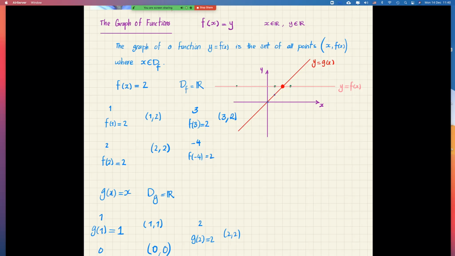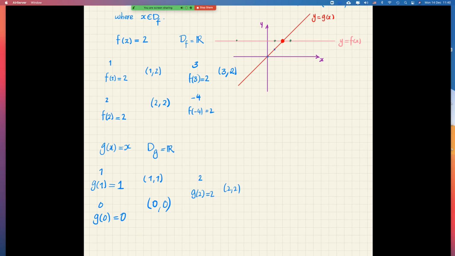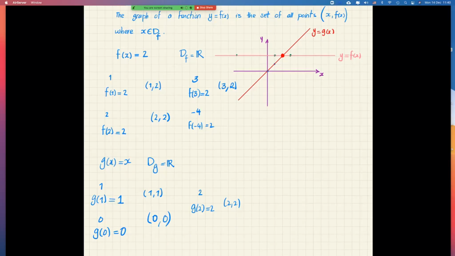Finding those particular points for a function is the subject of Math 3C and Math 4. But for the time being, you need to have a qualitative understanding of what is the meaning of the graph of a function. For example, if I want to give you another function, let me call this function h of x. This time, let me make it x squared.